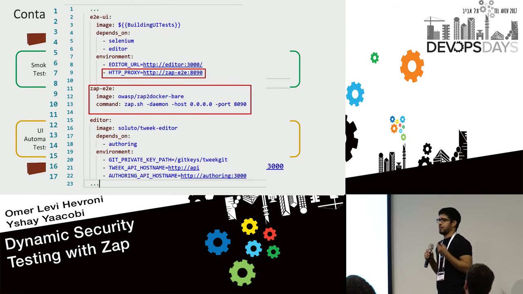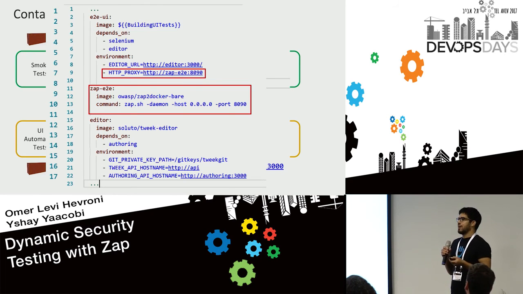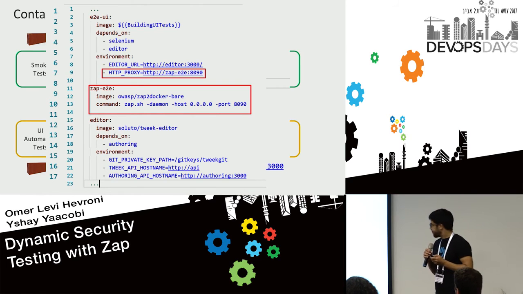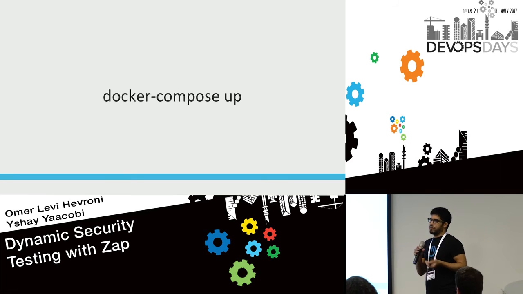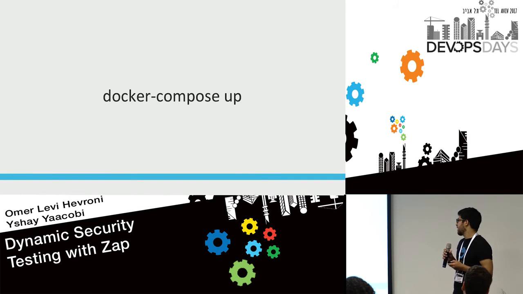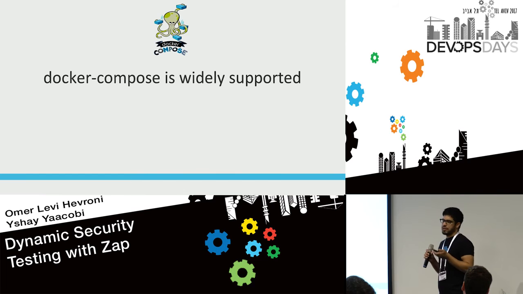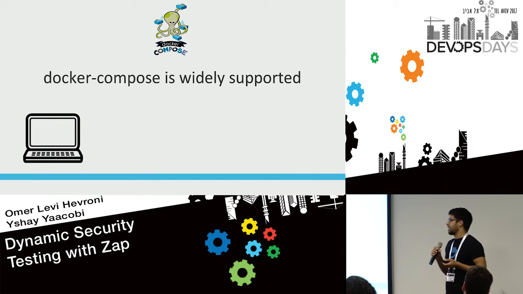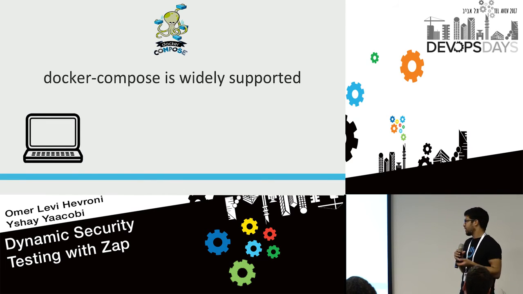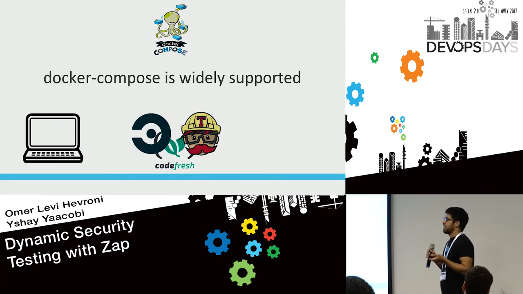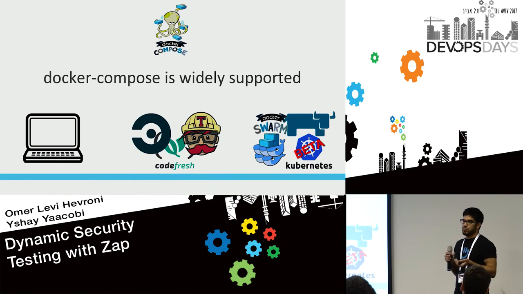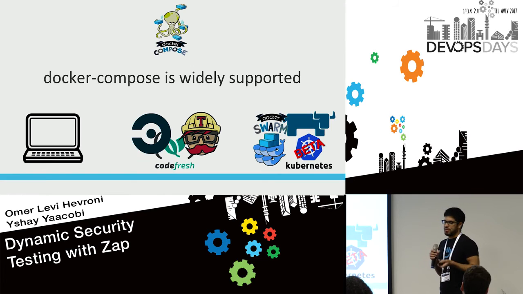Assuming our UI test acknowledges the HTTP proxy, that's all the work we need to do to proxy our session data through Zap. And all of that is run with docker-compose up, really simple. And the nice thing about Docker Compose is that it really can run anywhere. You can run it on a developer machine, whether it's Windows or Mac. You can run it in various CI, and even in production, you can run it on your favorite orchestrator. In the future, you can even run it on Kubernetes, so it's really easy.